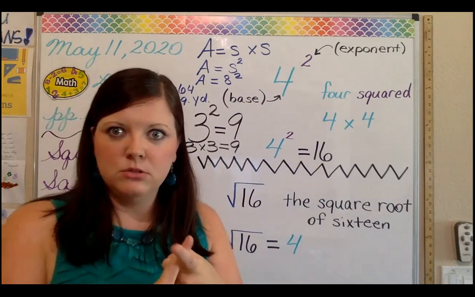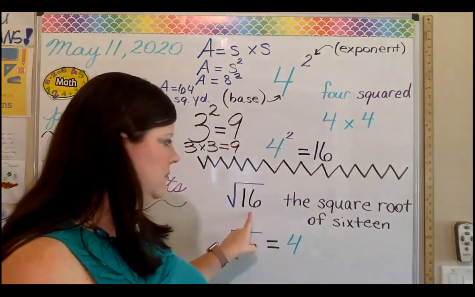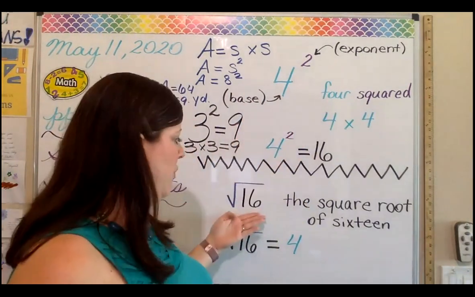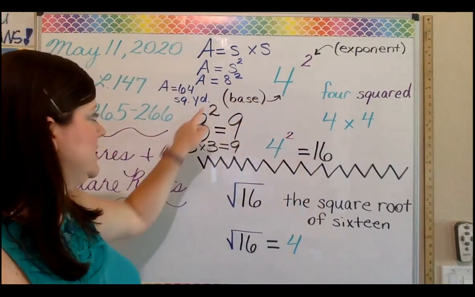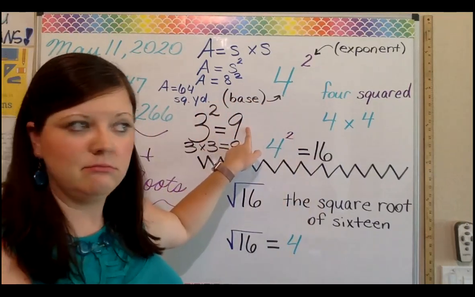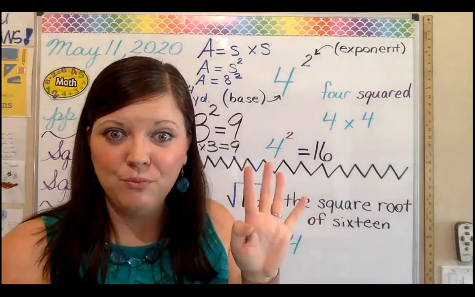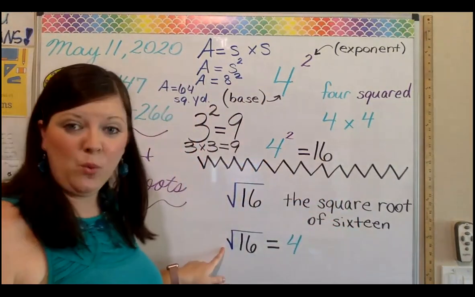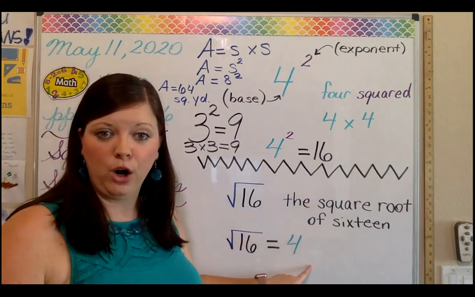So let's start out. What's 1 times itself? 1. That's not it. What's 2 times itself? 2 times 2 is 4. That's not it. What's 3 times itself? Well, 3 squared equals 9. 9's not 16, so that's not it. What's 4 times itself? Hey, 16. So the square root of 16 is equal to 4.